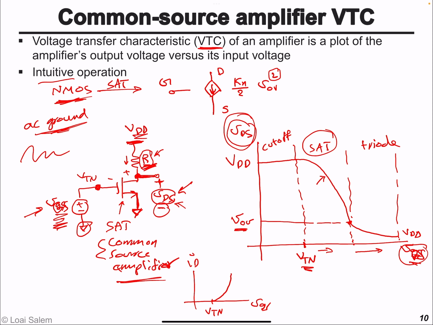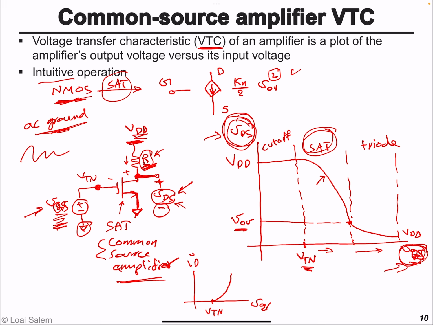And we said the NMOS in saturation operates as a voltage controlled current source, and so it can build an amplifier. If this is the output voltage and this is the input voltage, for an amplifier the output should be a replica of the input, but larger in magnitude, so that it has a higher amount of power.